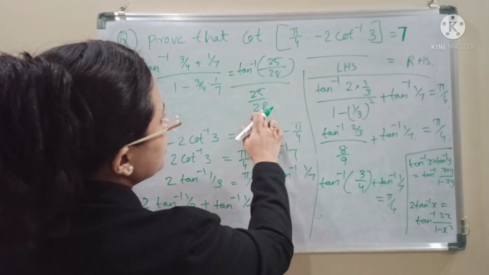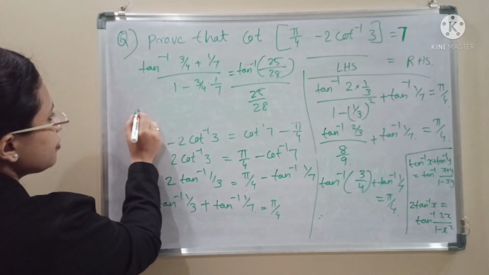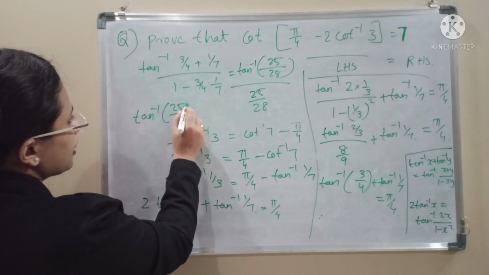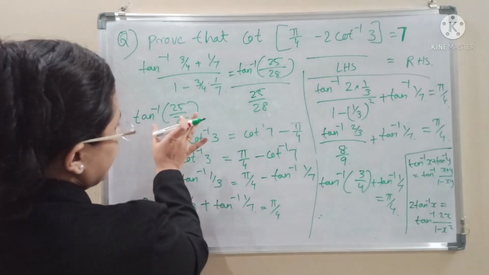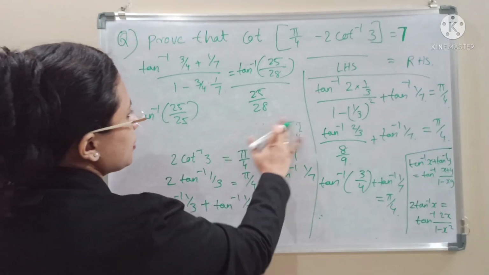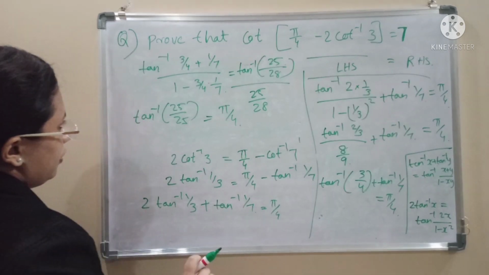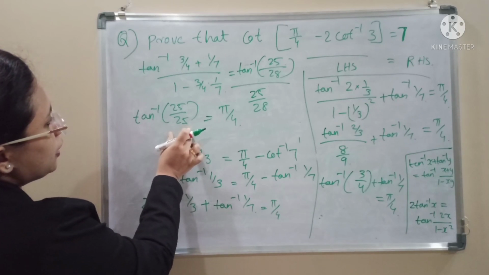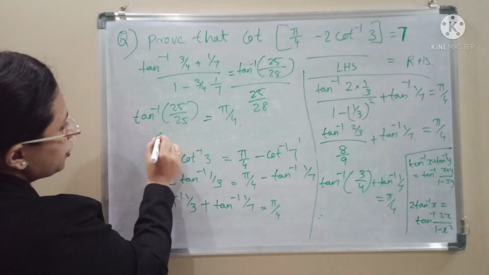Again take the reciprocal, since both the denominators are the same. What will happen here? Tan inverse of 25 by 25 will come, because both the denominators will get cancelled. But we will keep 25 and 25 as such, because we have to do one more operation, pi by 4. 25 over 25 is 1.